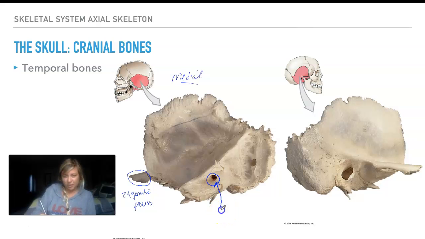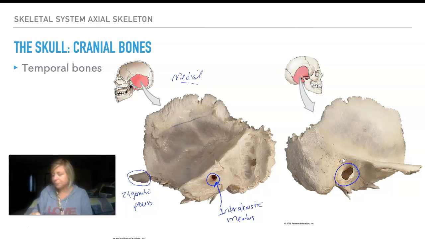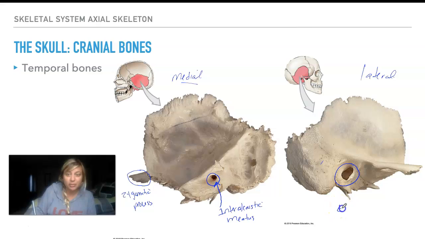So this is the internal acoustic meatus. And in this other view, which is a lateral view of this bone, you're seeing the outside, that's the external acoustic meatus.